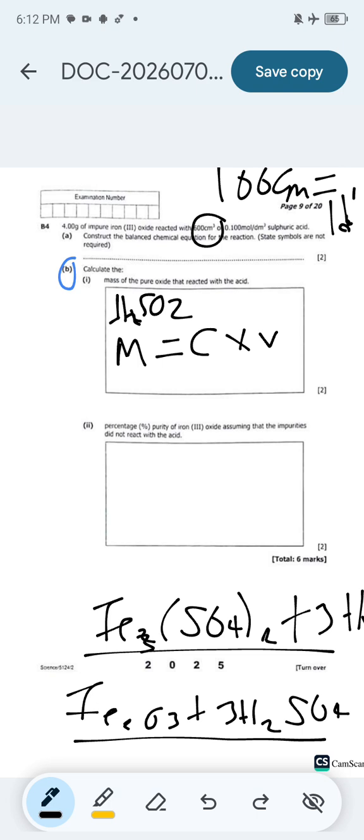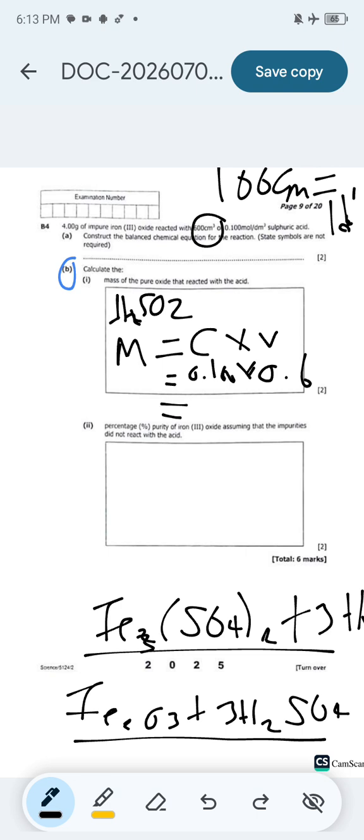So we're just going to divide this 600 centimeters cubed by 1000 so that we can get the decimeters cubed. The concentration we have there is 0.100 moles per decimeter cubed, multiplied by the volume that we have converted, which is 0.6.